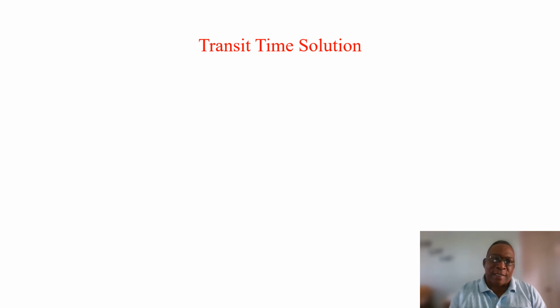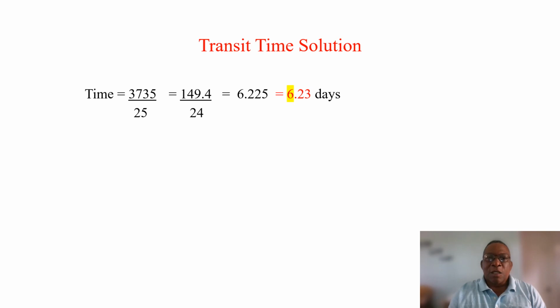Now let us look at this transit time solution. The vessel is traveling at 25 knots over a distance of 3,735 nautical miles. So therefore we divide 3,735 by 25 and we get 149.4 hours.